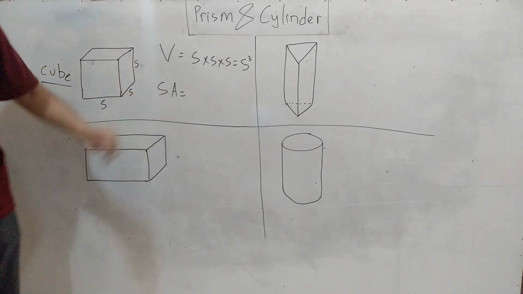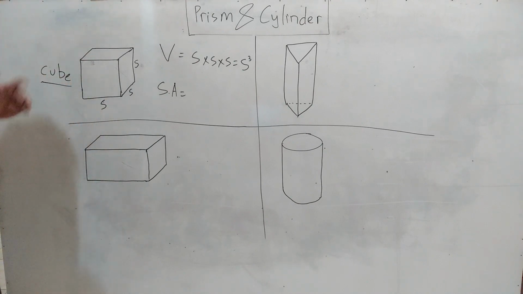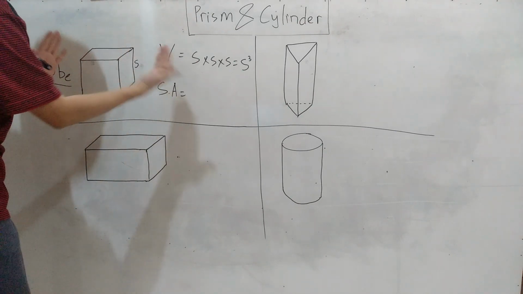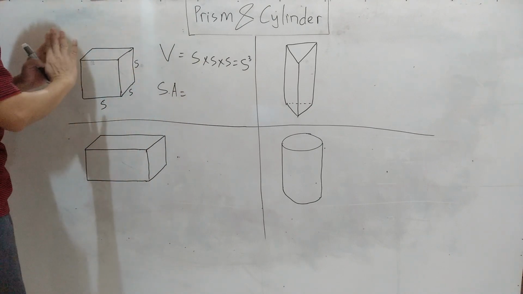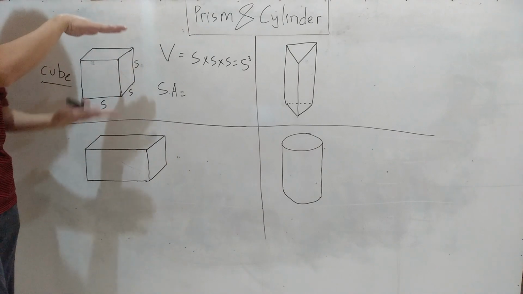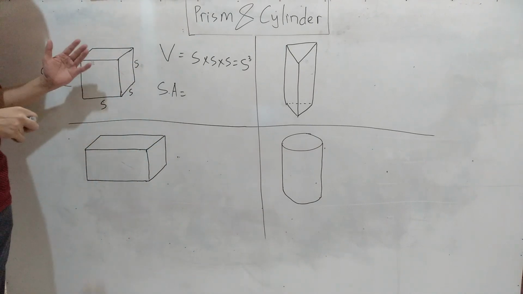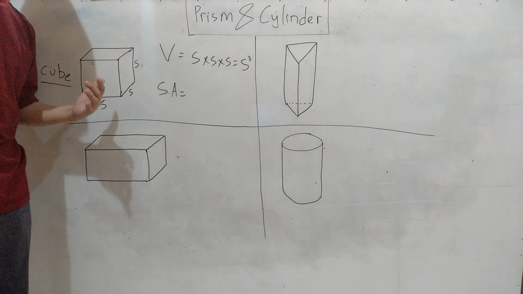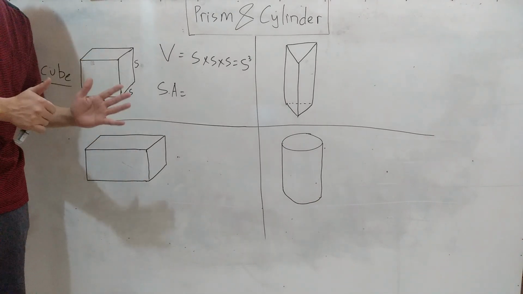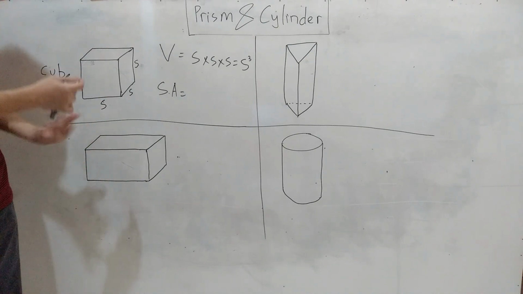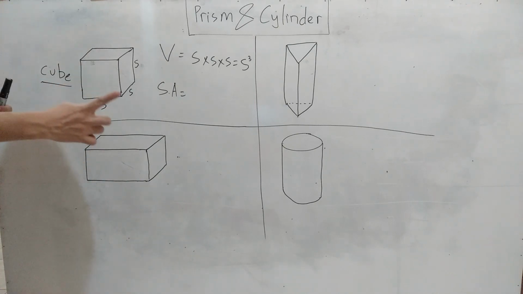So how about the surface area? Remember that surface area means the amount of paper that you need to cover all the parts: the front, the back, the left, right, the top, and the bottom. So when you want to do that, remember that we actually have 6 equal squares in this cube. So I'm just going to find 1 square.